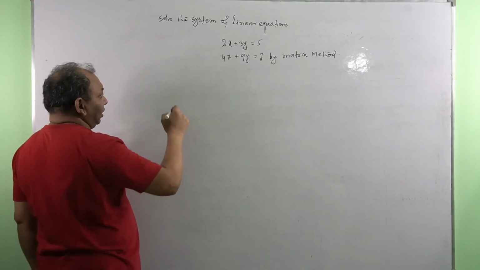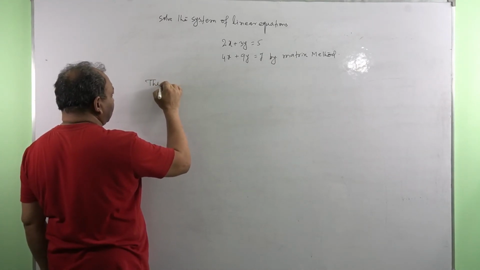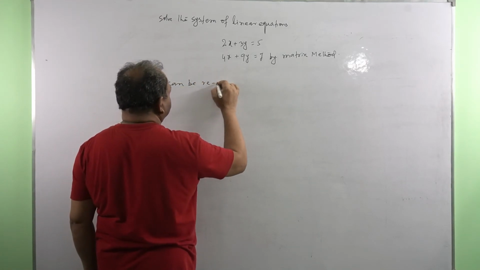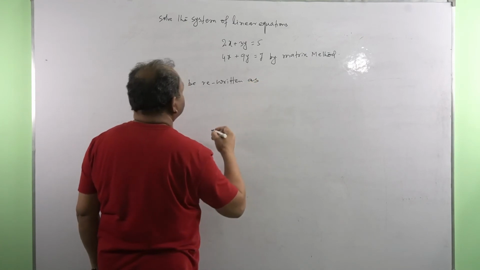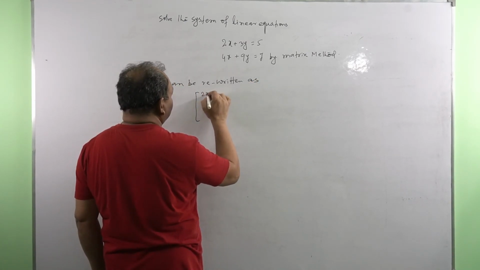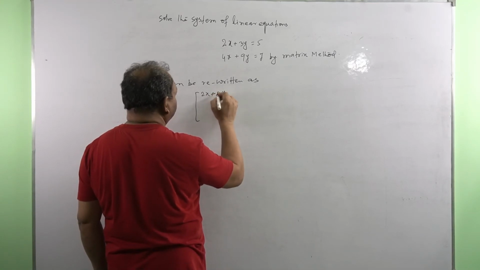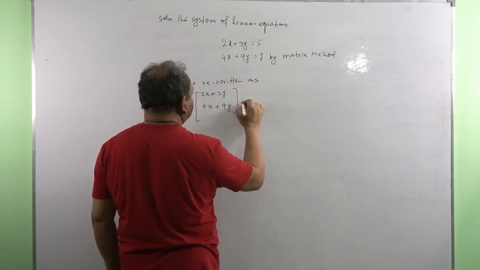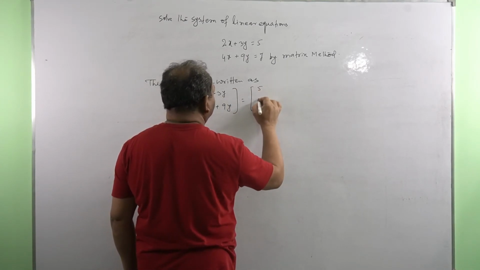The given system of linear equations can be rewritten by taking matrices on both sides. So the column matrix 2x plus 3y, 4x plus 9y is equal to the column matrix 5, 7.